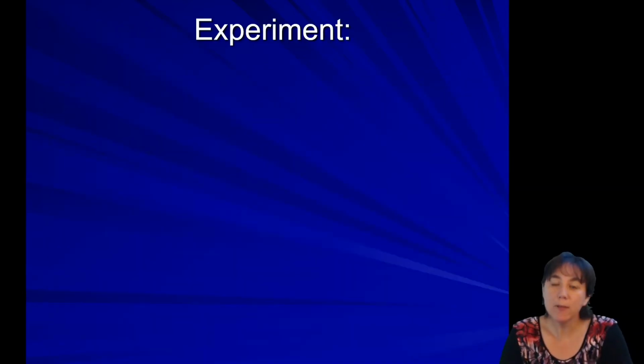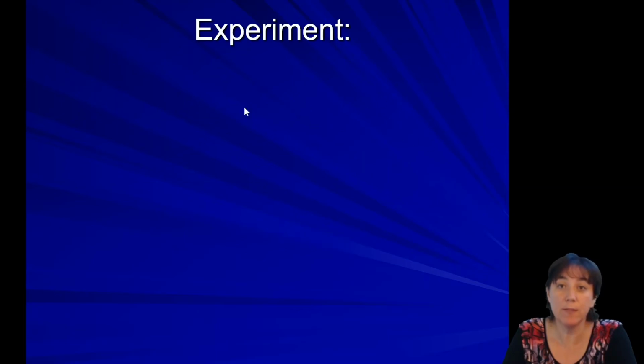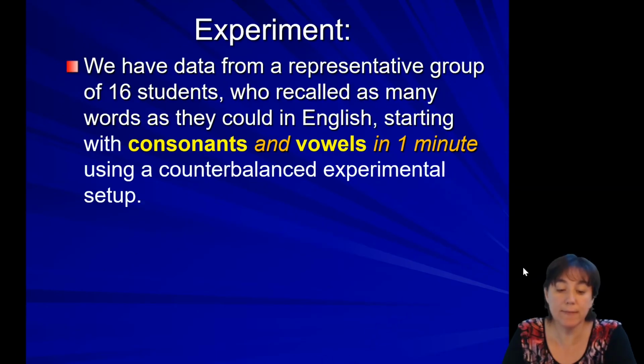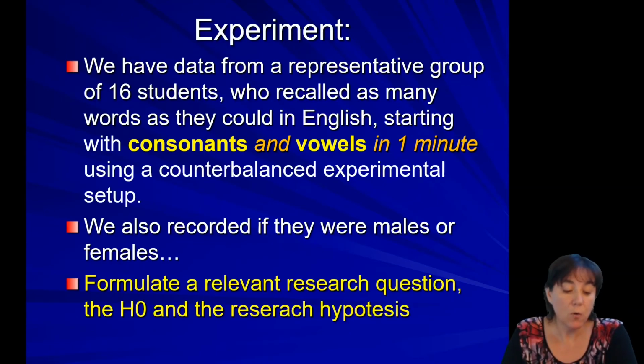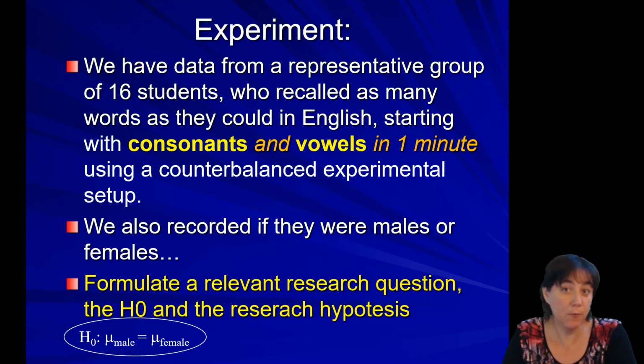So let's go back to our previous experiment with the vowels and the consonants, and let's use this data set with an extra variable. We also recorded if they were males or females, those who recalled these words. Question is now, very obvious question, could male and female performance be the same, or is it different?